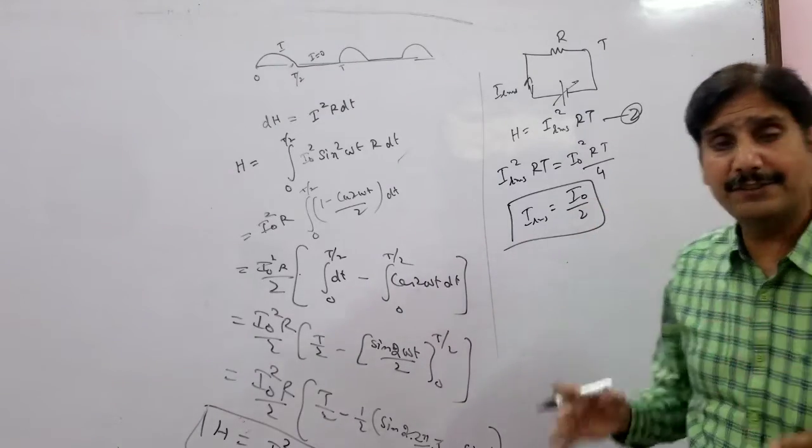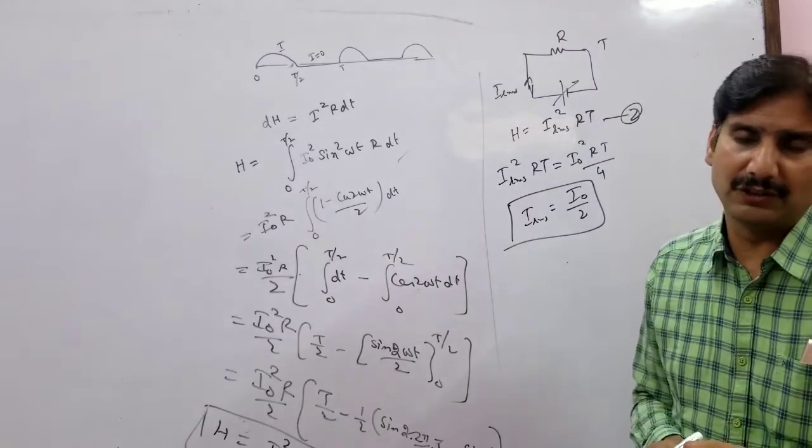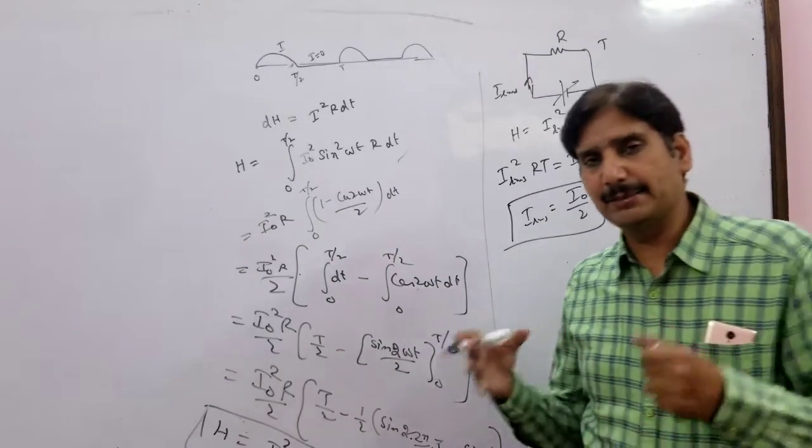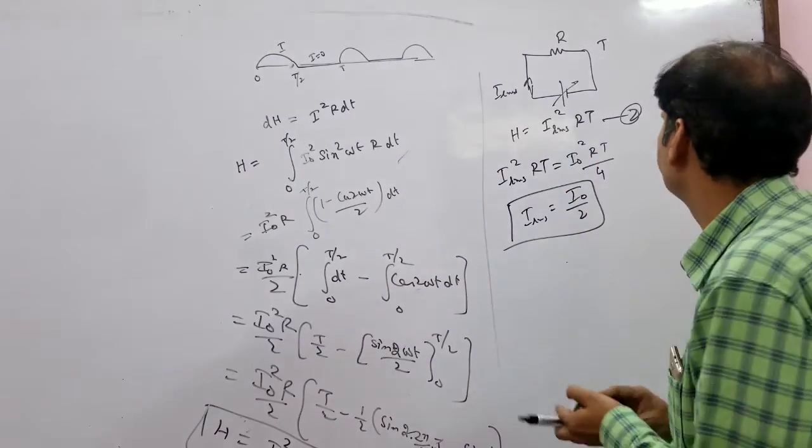Once I know the average value and the peak value, now I am ready to solve for the efficiency and ripple factor of this half wave rectifier. Let's proceed with it.